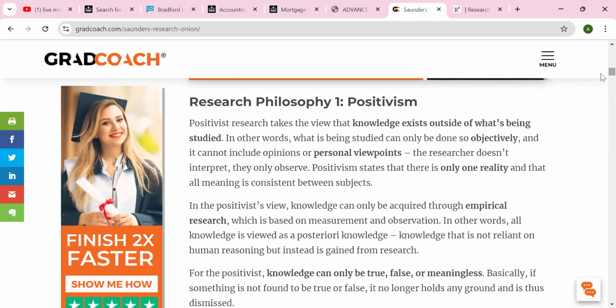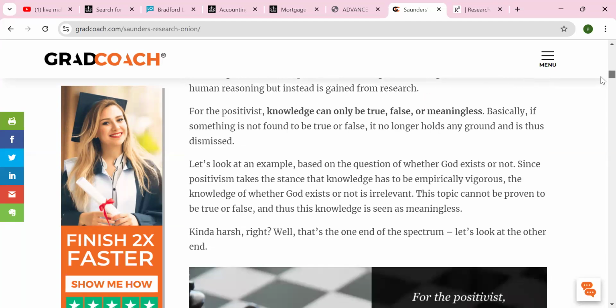Positivism means knowledge exists outside what is being studied. Maybe we study hospitality but look at computer science and the use of computers in the hospitality industry, such as apps being used. Or we can look at the use of cryptocurrency and its impact on the hospitality industry, so we can contextualize our discussion.